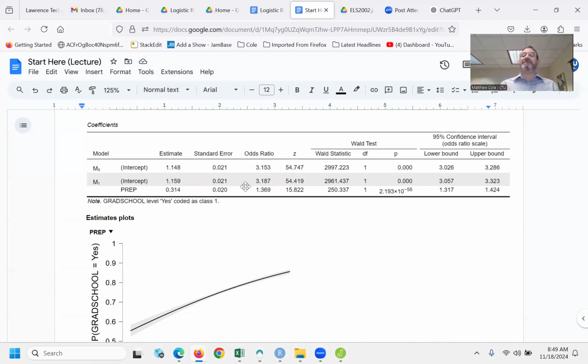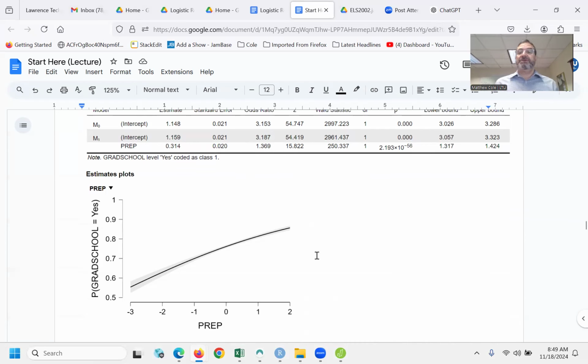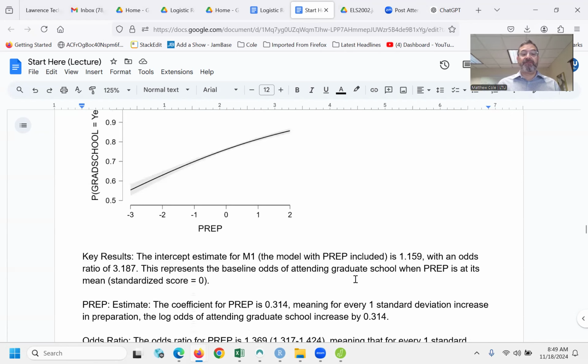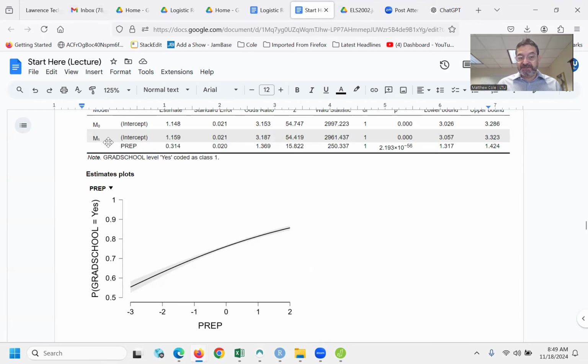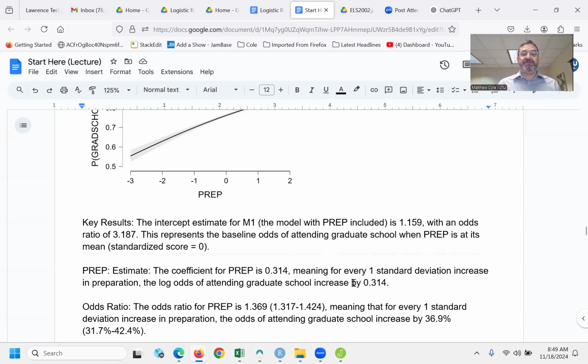Well, in this case, 0 is actually the mean. So those people who self-reported an average preparation score start off the bat at 3.2 times likely to attend graduate school versus those that don't have the 0. But what we're really looking at is how much that increases or decreases by increasing standard deviation units.